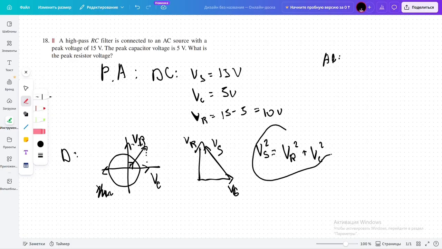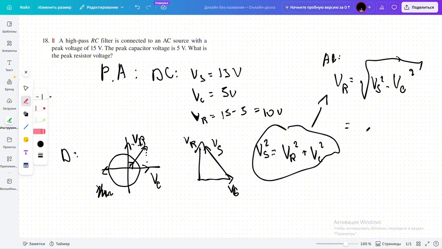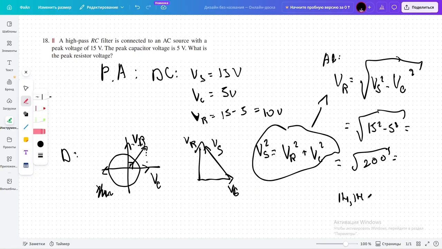Here we'll just use this formula, and resistor voltage will be equal to the square root of V source squared minus V capacitor squared, and we have all the values: 15 squared minus 5 squared will be equal to root of 200. That will be equal to 14.13 volts.